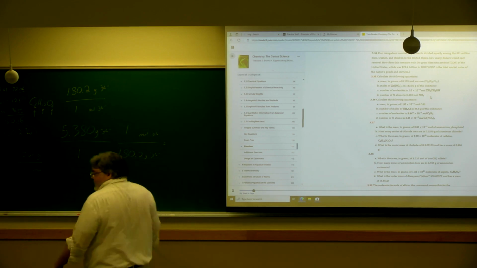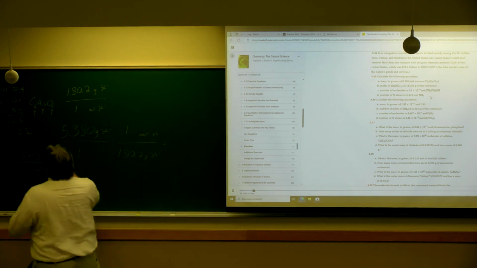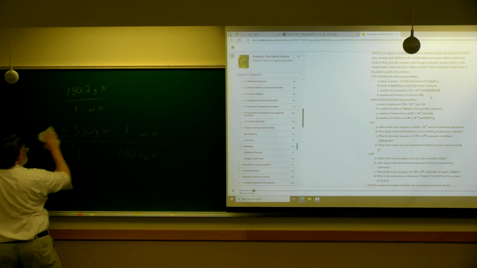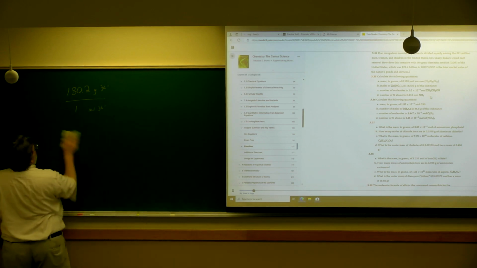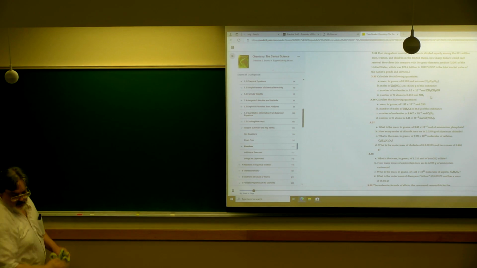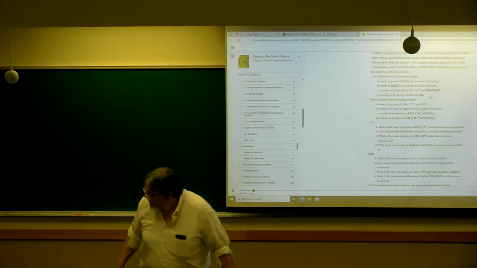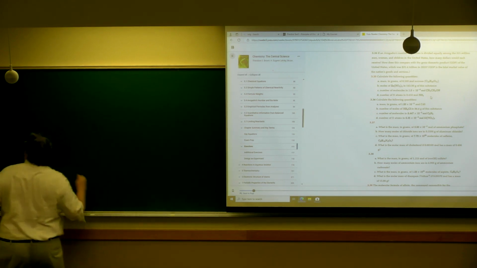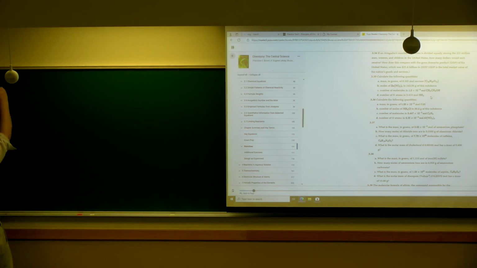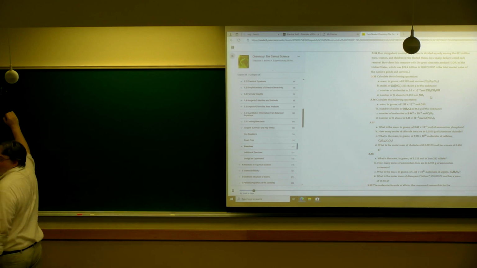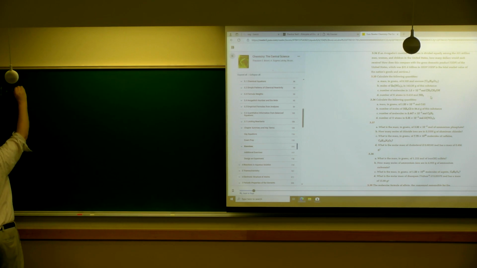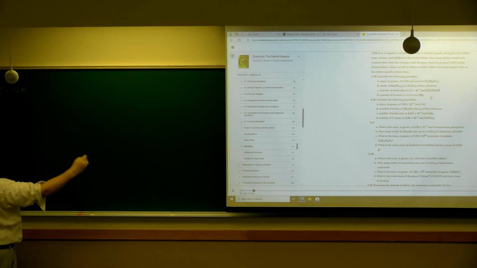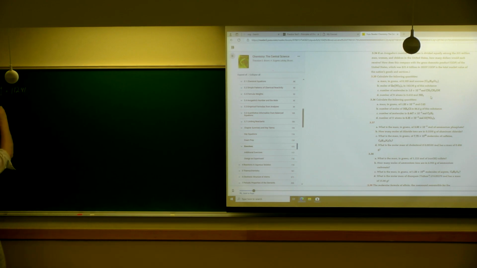So if I wanted to solve this one, what does the periodic table say for cadmium? 112.41. And there's only one of them in that formula. And then what do you see for sulfur?